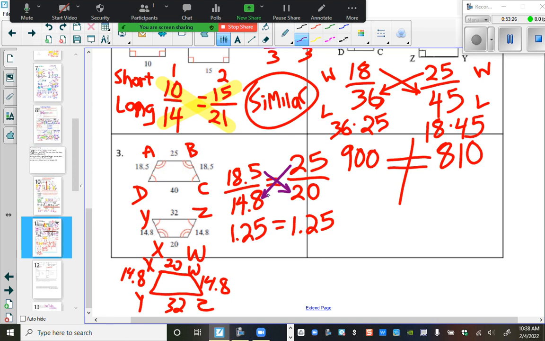You should check it anyway, but in the end, are these two going to be proportional? Yeah, they're definitely going to be proportional. Or similar, I should say.